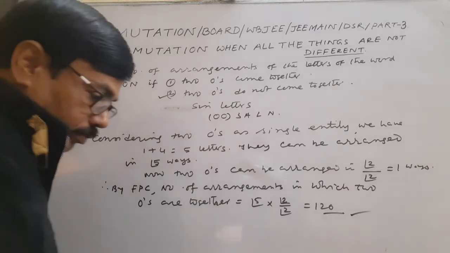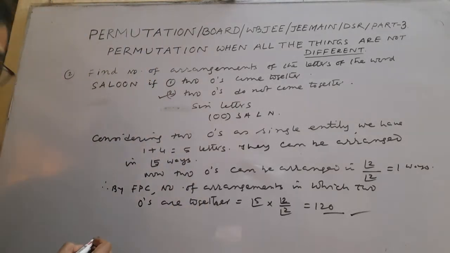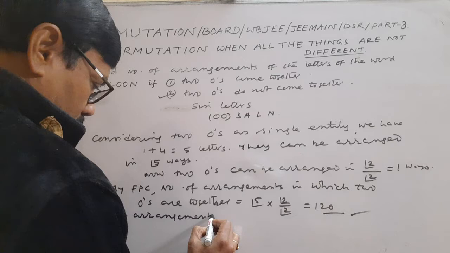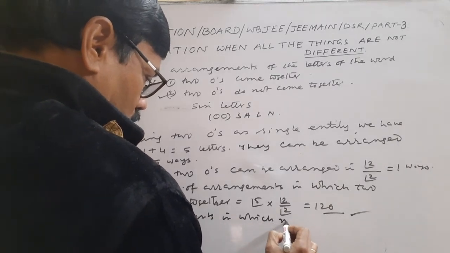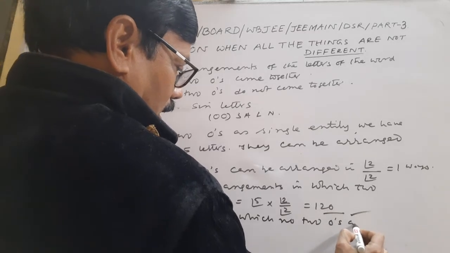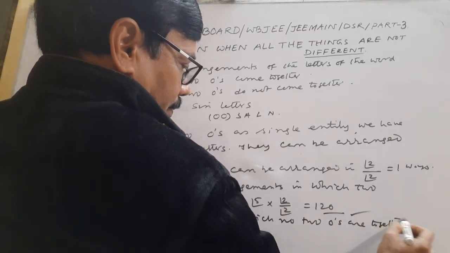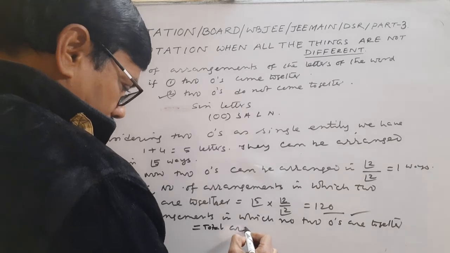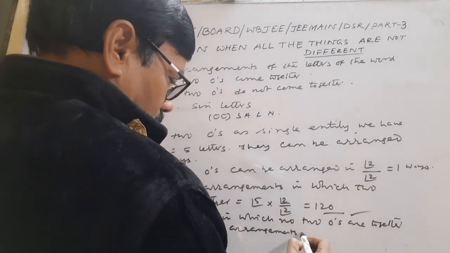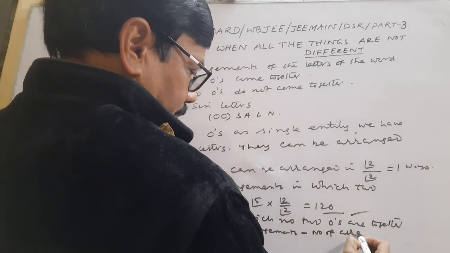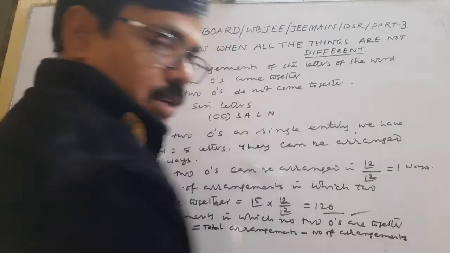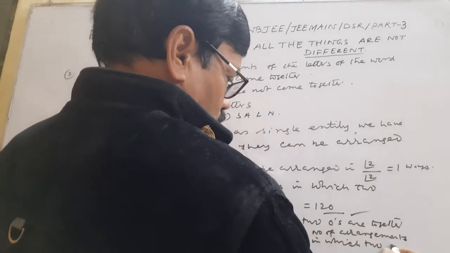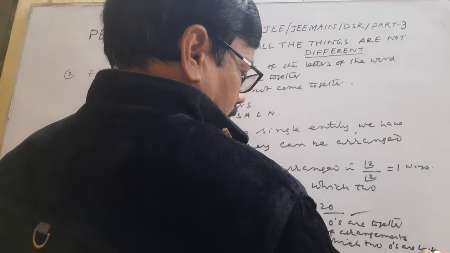So look, the number of arrangements in which no 2 O's are together equals total arrangements minus the number of arrangements in which two O's are together.